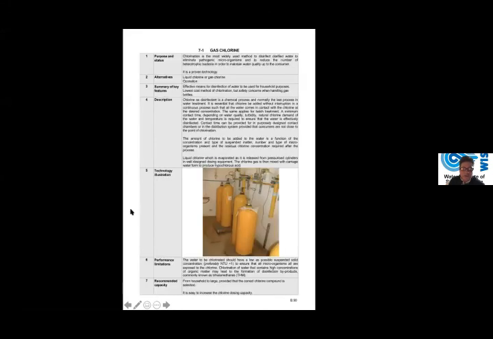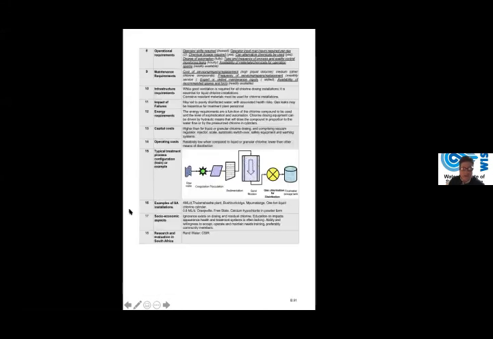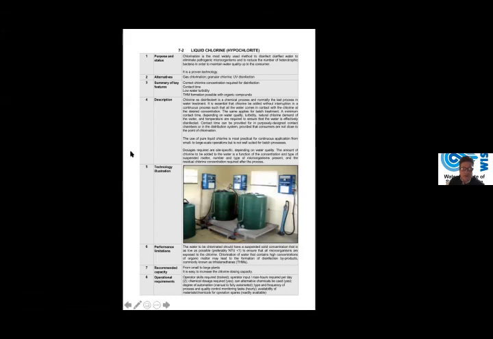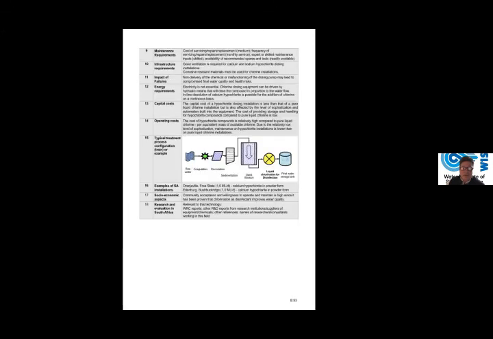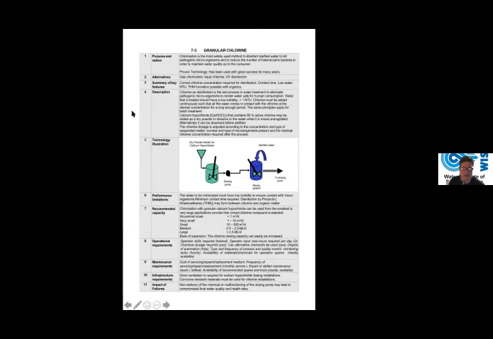Disinfection, the one most often used, gas chlorine. For small systems, sodium hypochlorite, liquid dosing that we've got here works well. Because of the gas chlorine, there's a lot of hazards with handling that, health and safety hazards. So hypochlorite and even granular chlorine, like your typical HTH that you can use to make up a solution, and then you dose that solution as well.